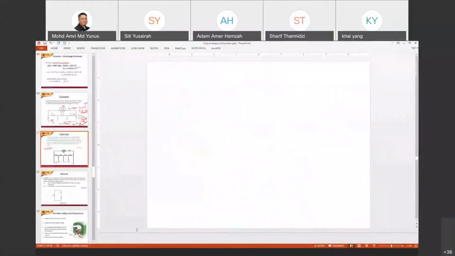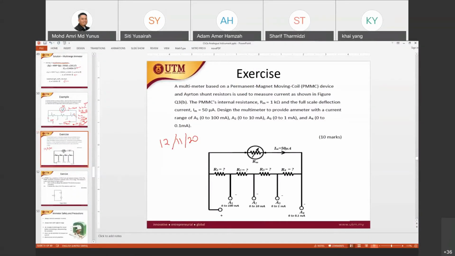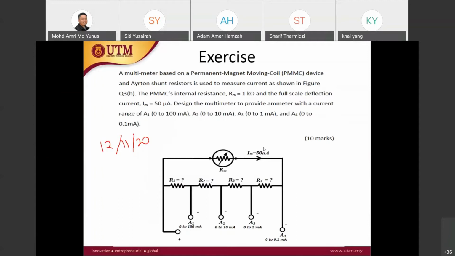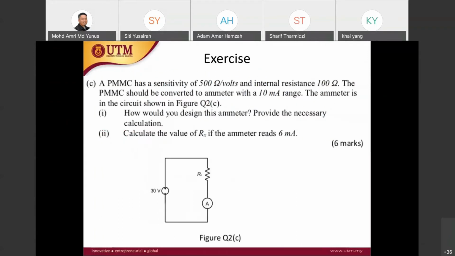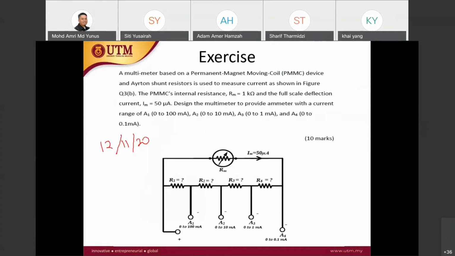Okay, so we stop somewhere here on the exercise. Today I would like to solve the example, because I expect that you have tried it yourself, and if you have any problem or don't understand how to solve, you can ask me later or anytime, basically in other means like WhatsApp.